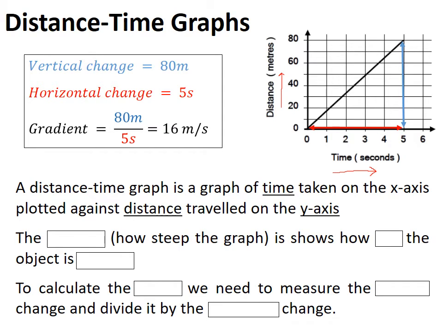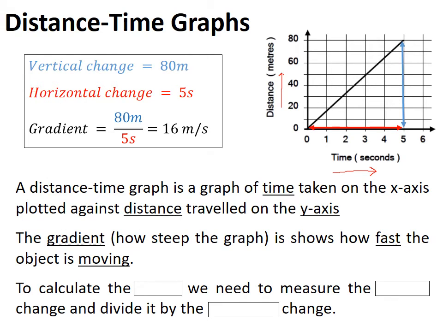Let's have a look at these missing words so we can fill these in. A distance time graph is a graph of time taken on the x-axis plotted against distance traveled on the y-axis. The gradient, how steep the graph is, shows how fast the object is moving.